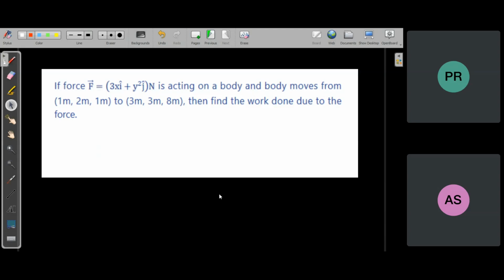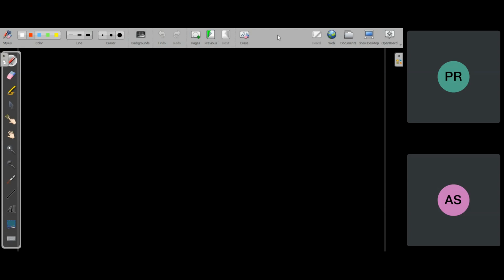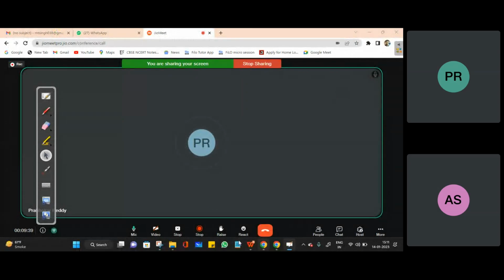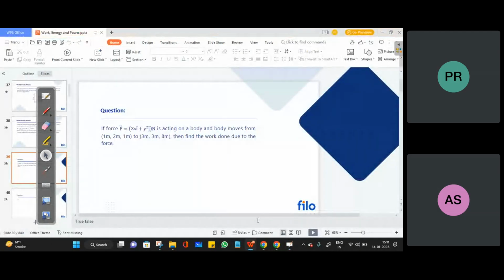So here the work equals the integral of 3x dx i cap from limits 1 to 3, plus the integral of y square dy from 2 to 3, j component. That's it. But the z component will be 0. Okay.